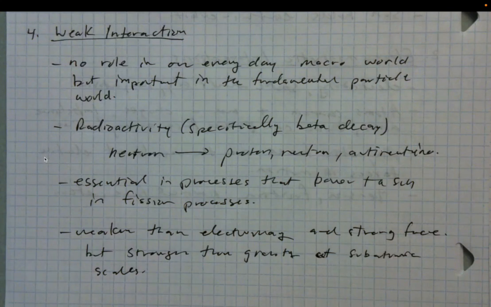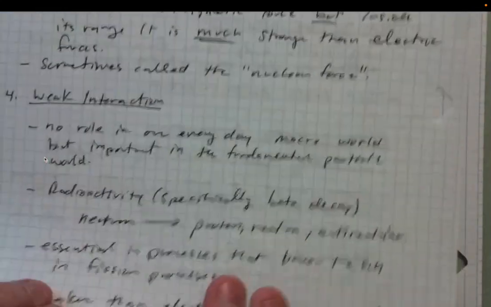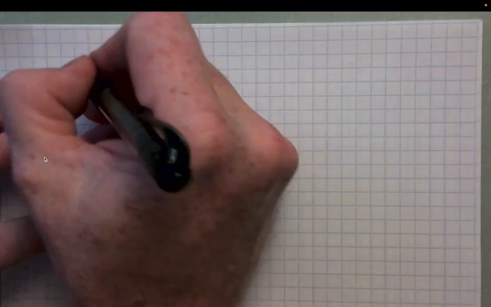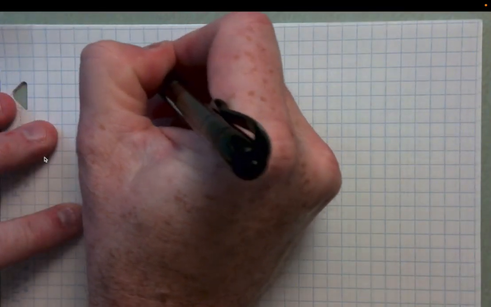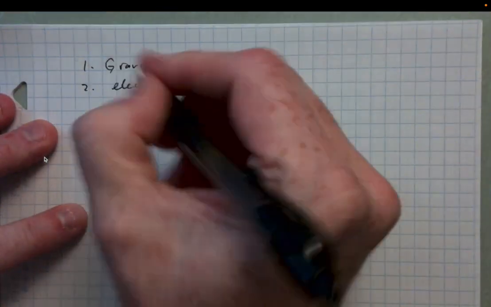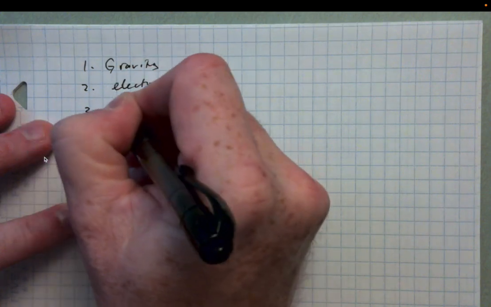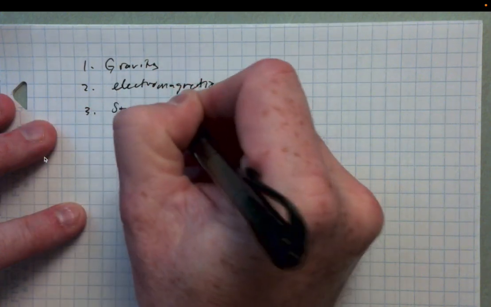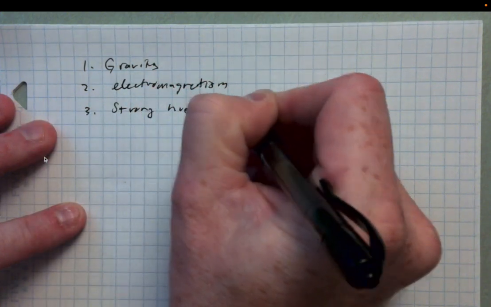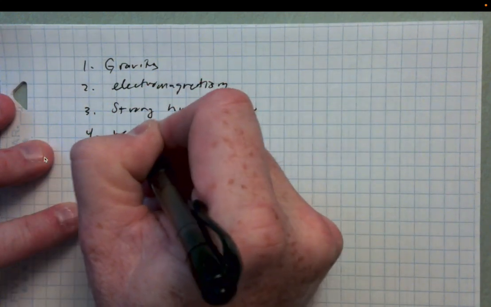Okay, right. So you've got these four fundamental physical forces: gravity, electromagnetism, the strong nuclear force, and then the weak interaction.